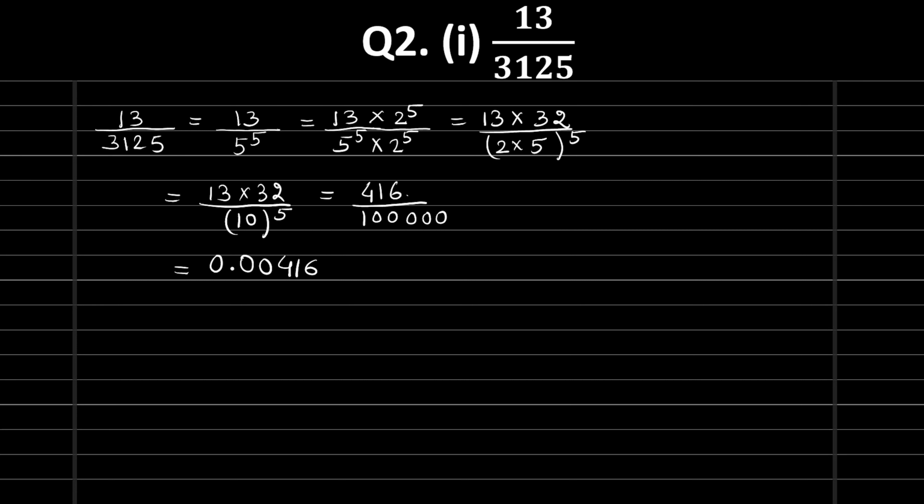So we will multiply it with 2 raised to 5, and that can only be done if we are doing it in the numerator as well as the denominator. So on multiplying 2 raised to 5 with numerator as well as denominator, we got 416 upon 1 lakh, which on dividing will give us 0.00416. So this is the decimal expansion of 13 upon 3125.